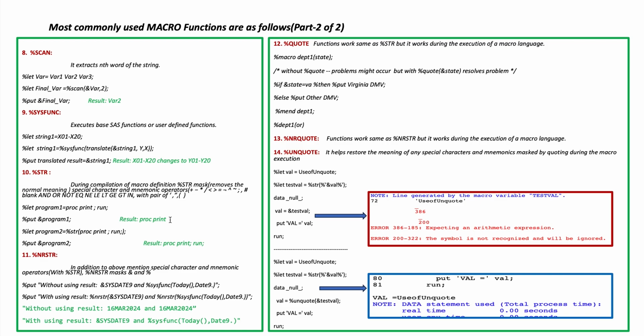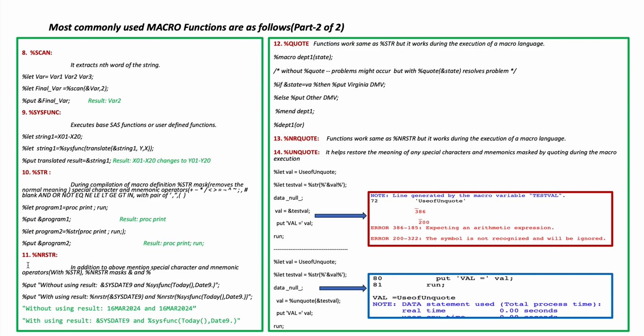But suppose we need to print proc print semicolon run semicolon. In such a scenario, we have to use %str so that it removes the normal meaning of the semicolon. As a result, we obtain proc print semicolon run semicolon. This is the result with %str.